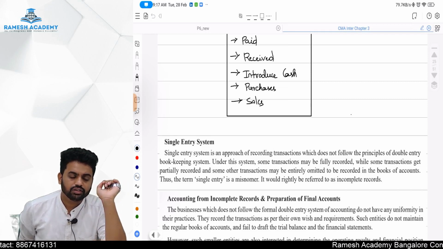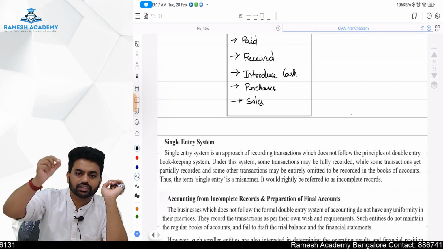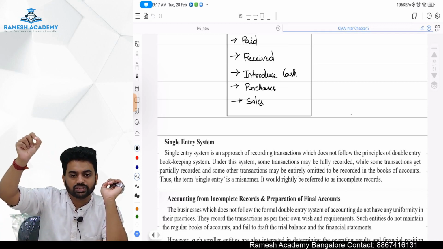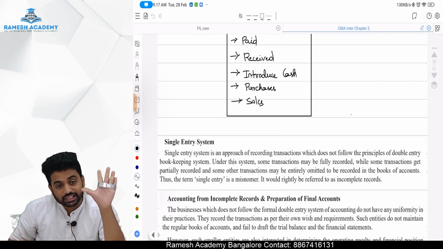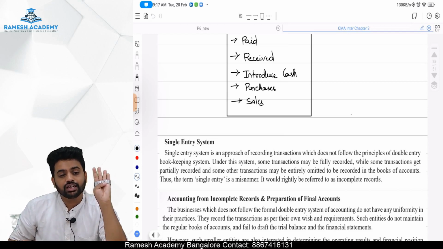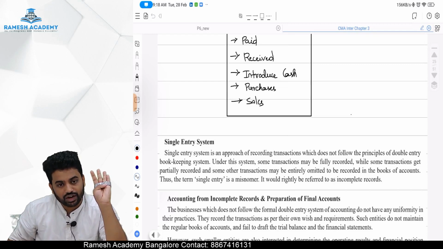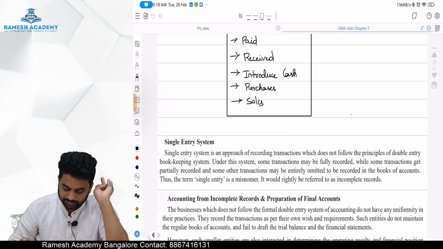He is just writing down, I paid so much cash today to Mr. A. Using those details, we have to draw up certain ledgers, and with the ledger balances we have to draw up our financial statements.